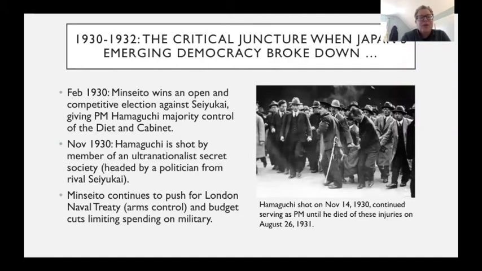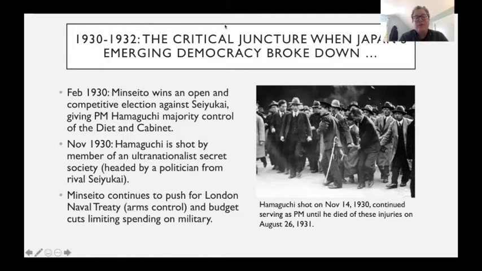Now I want to turn to the period in which many historians, as well as political scientists, think that the breakdown actually took place. The moment when Japan could have gone maybe in another direction, but then instead shifted dramatically towards authoritarianism. And that is between the years 1930 and 1932.